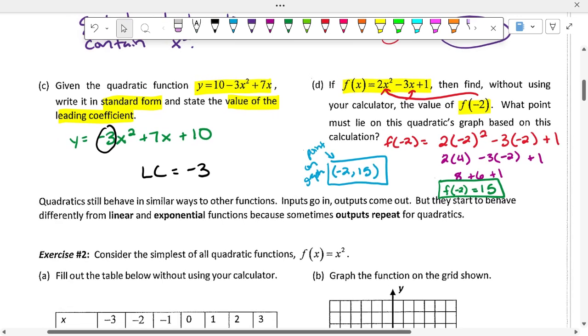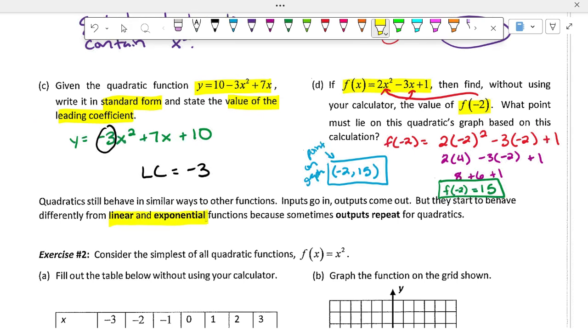Now, quadratics still behave in similar ways to other functions. So inputs go in, outputs come out. All right, so you put an x value in, you get a y value. But they start to behave differently from linear and exponential functions because outputs can repeat. So that's just a fancy way of saying the y values repeat.